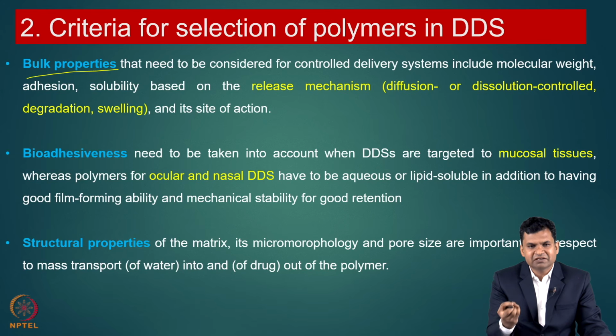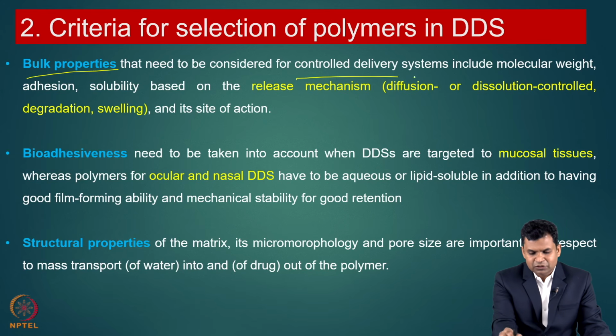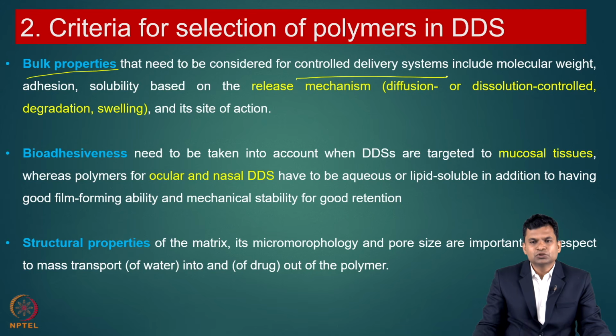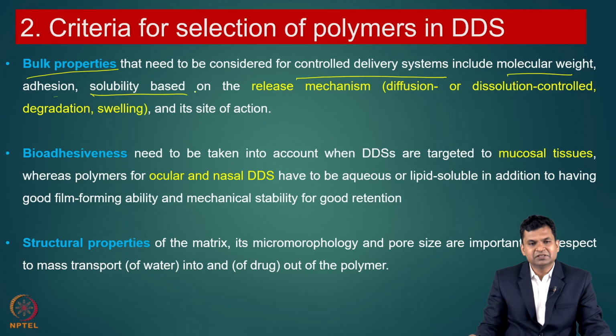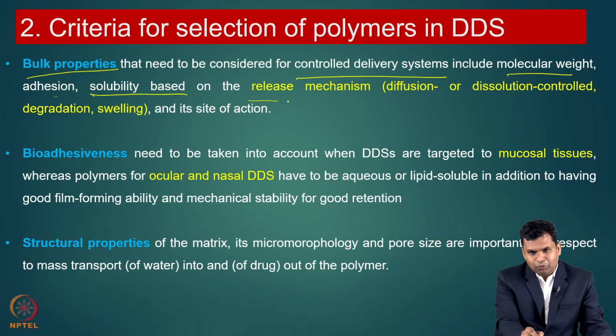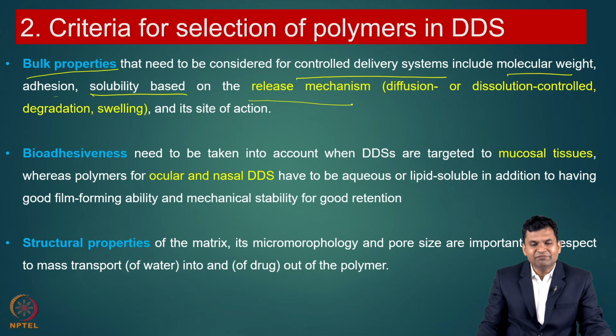These properties are very important while developing any type of controlled release system, because the molecular weight, the adhesion properties and the solubility of the polymer in the body will influence the release mechanisms.